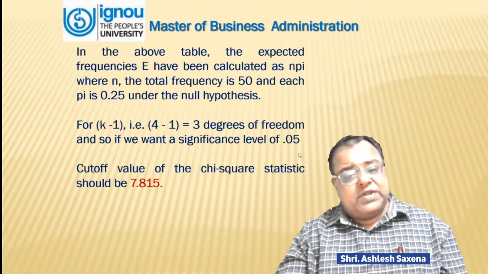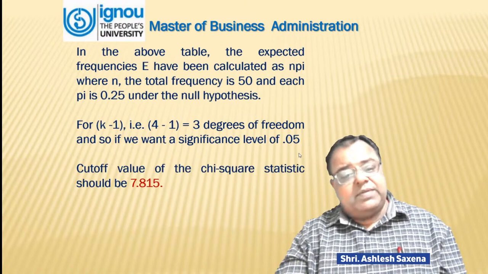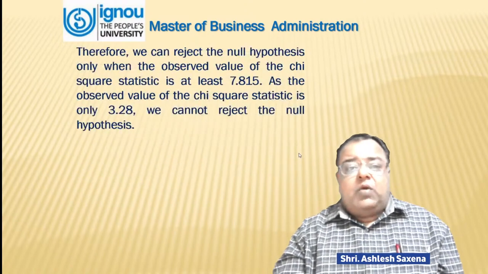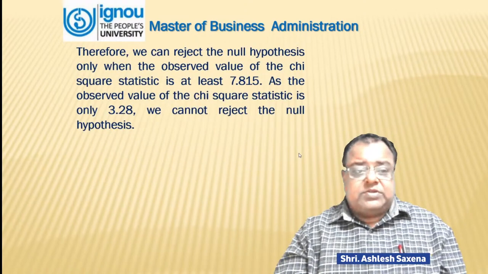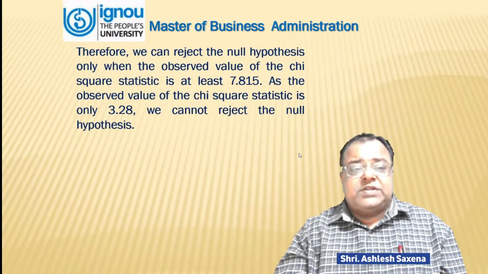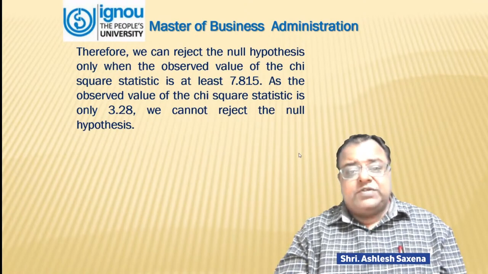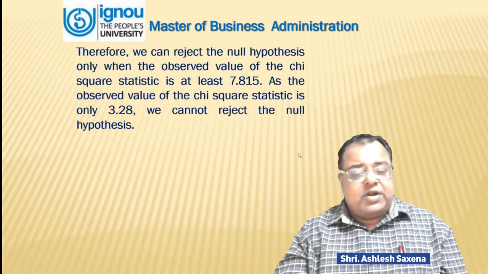The cutoff value of the chi-square statistic should be 7.815. Therefore, we can reject the null hypothesis only when the observed value of the chi-square statistic is at least 7.815. As the observed value of the chi-square statistic is only 3.28, we cannot reject the null hypothesis.